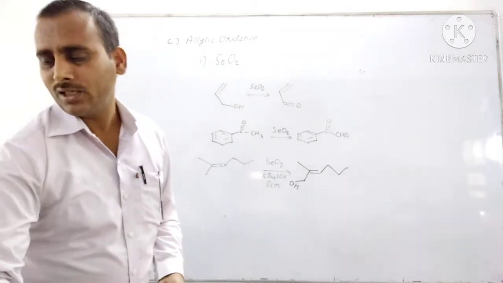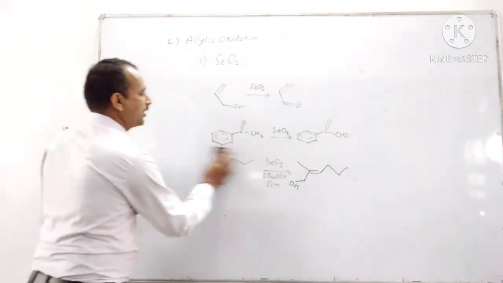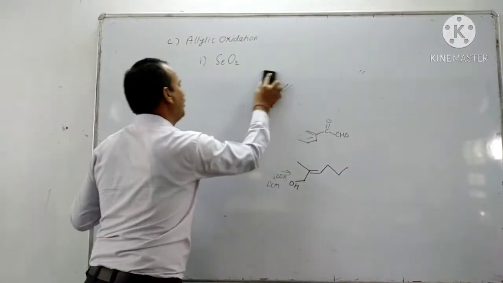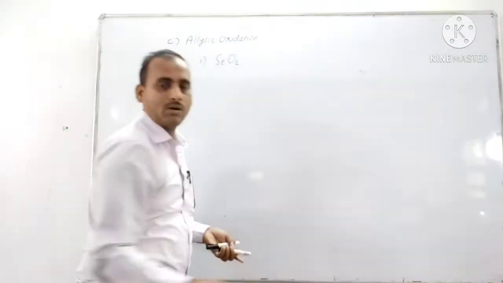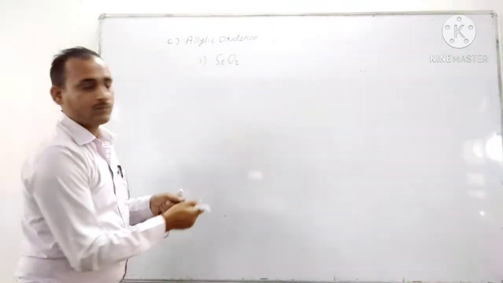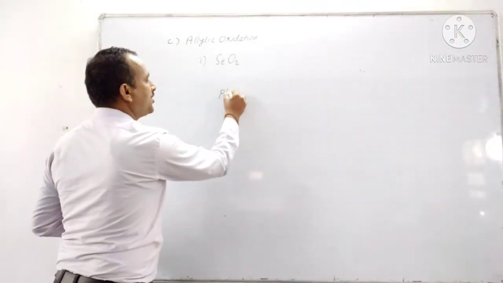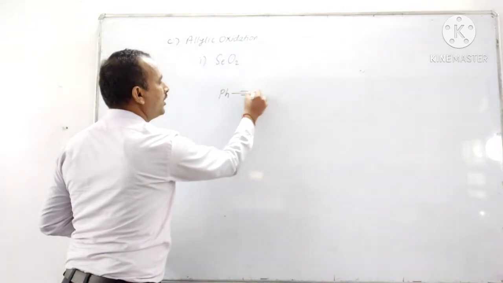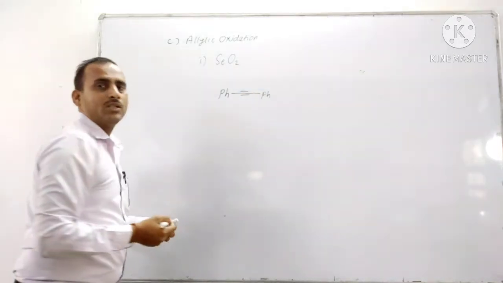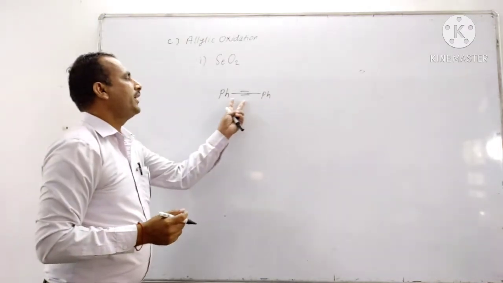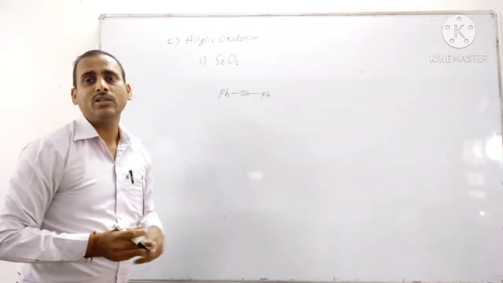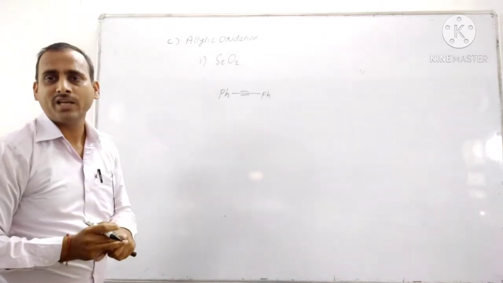Okay. Let's see another type of example for the oxidation. Now Ph triple bond Ph, it is an alkyne, this 1,2-diphenyl ethyne.